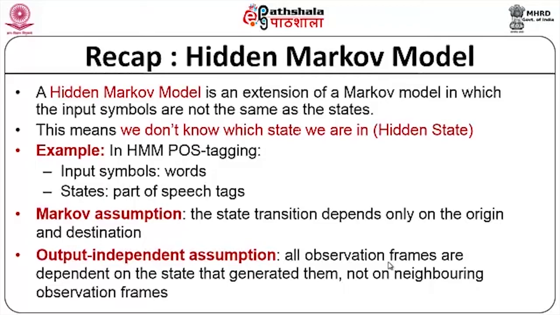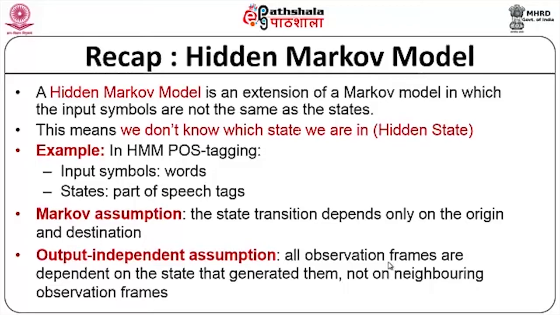So, the Markov assumption that we will be making is that the state transition from one state to the other is dependent only upon the origin and the destination, not on other things. There is another output independence assumption. All observation frames are dependent on the state that generated them, not on the other observation frames. So, we are only bothered about the observation being based on the state.